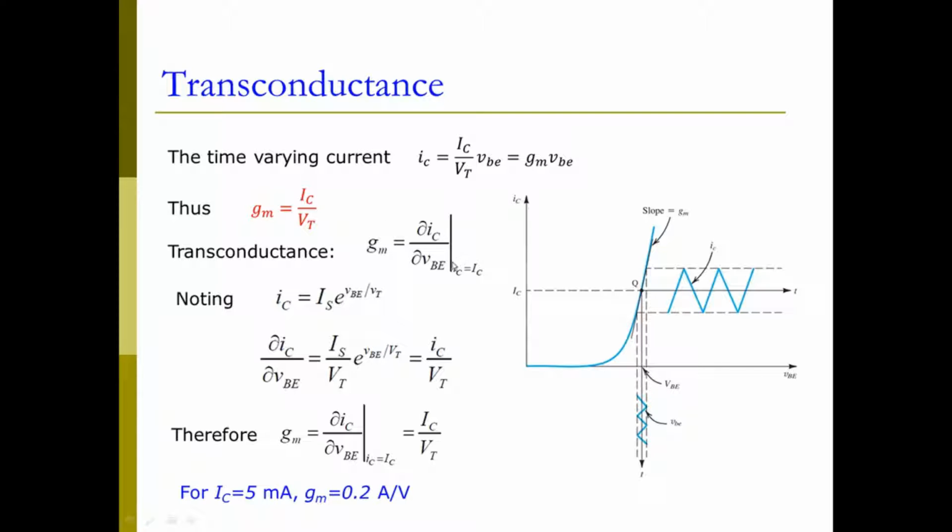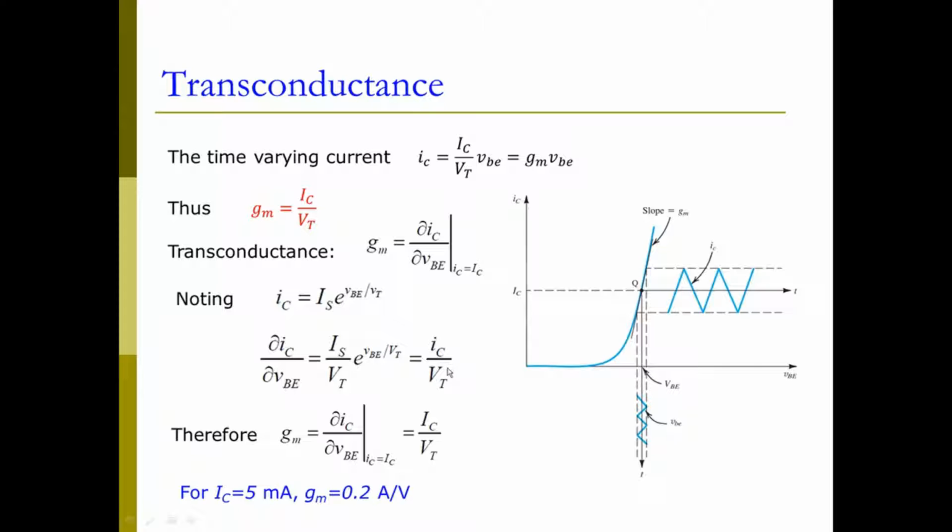Actually, we can also get gm equals IC over VT directly from the definition. Notice that this is the collector current, which includes both DC and AC signal. If we take the derivative of this current with respect to the base voltage, we get the derivative equals the current divided by VT.